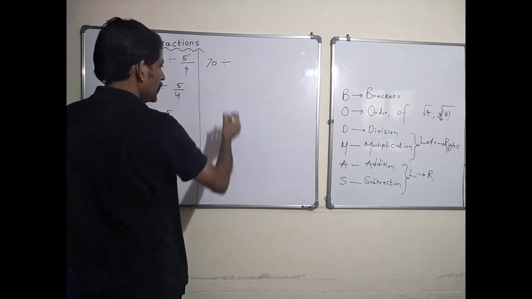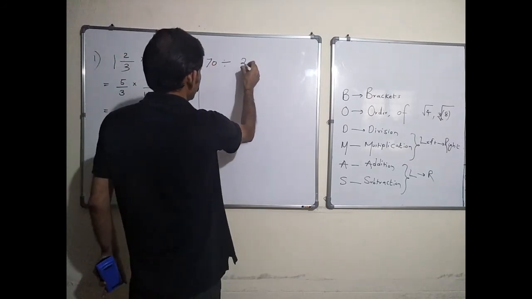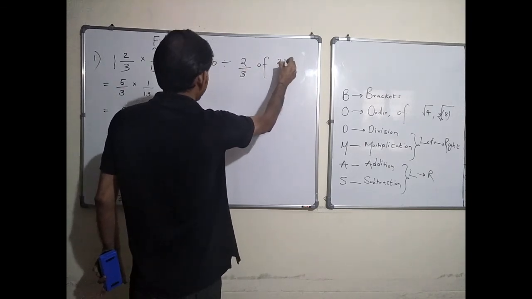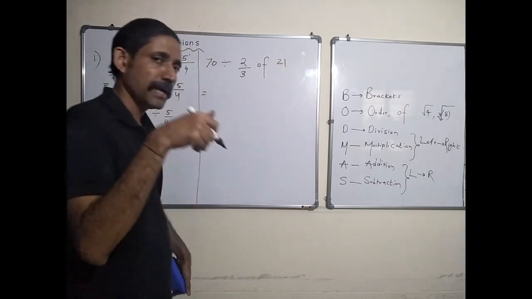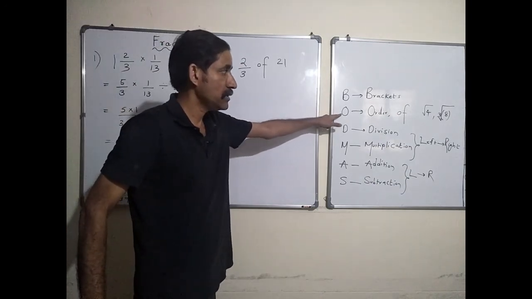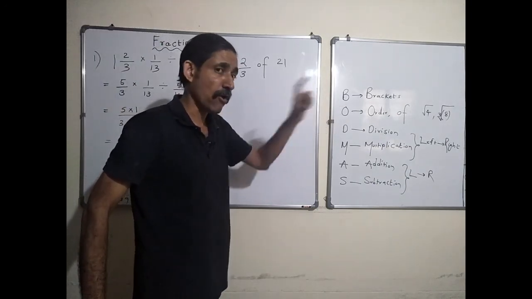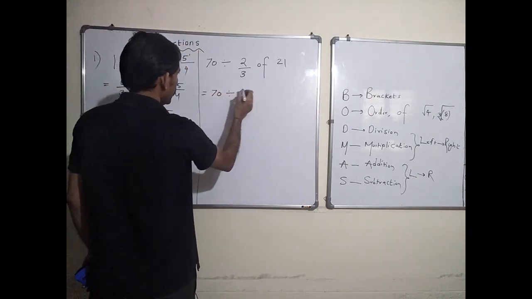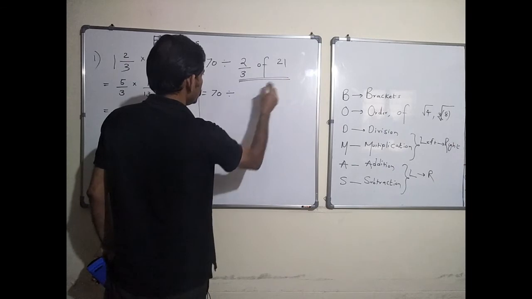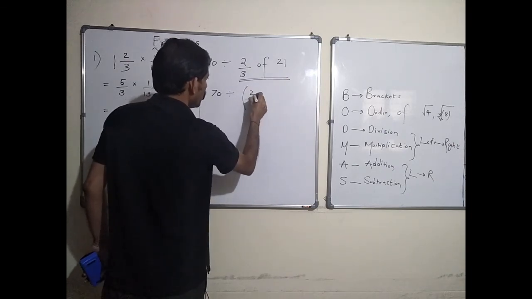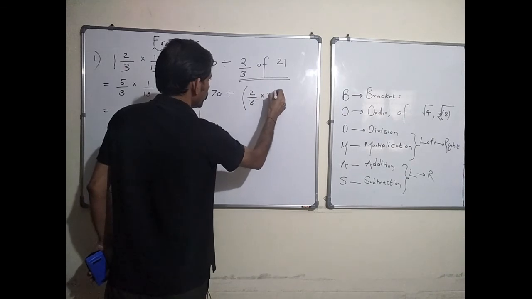70 divided by 2 by 3 of 21. Let's apply the BODMAS rule. No brackets here, but O, as in the Indian context, we have of. So we'll solve the of first. So 70 divided by, I don't divide, I'll solve this. So 2 by 3 into 21, right?